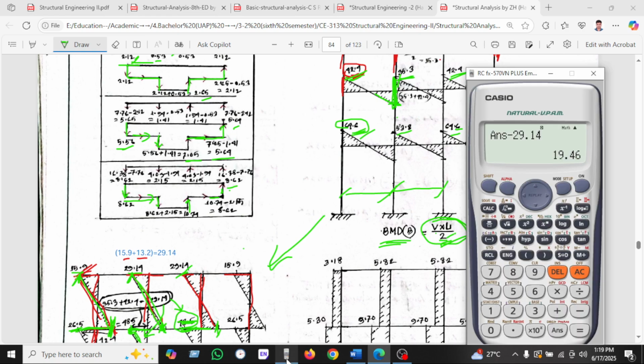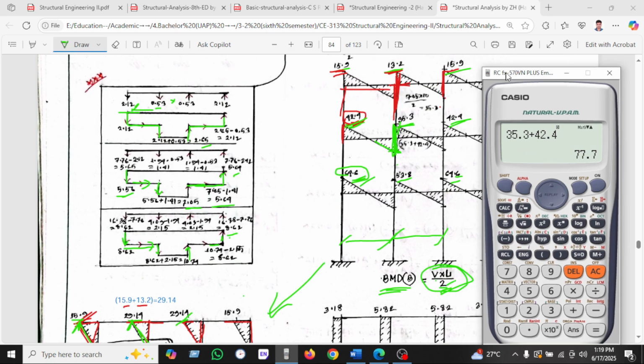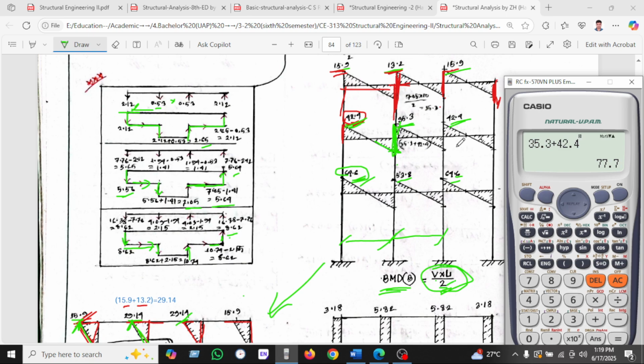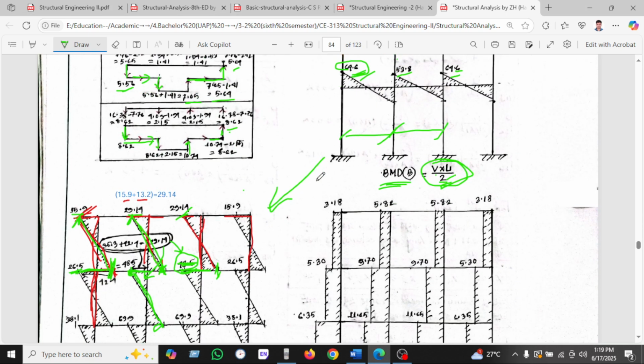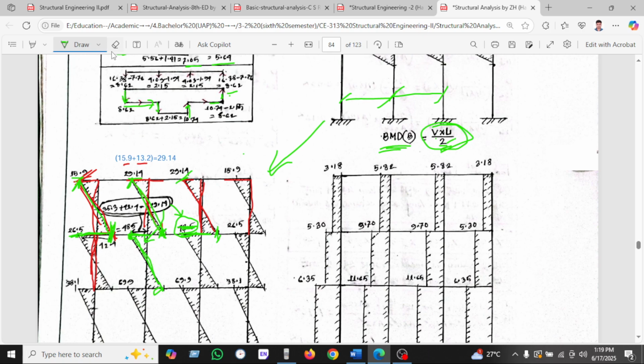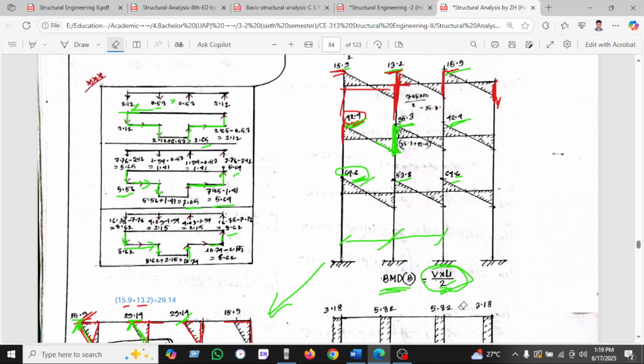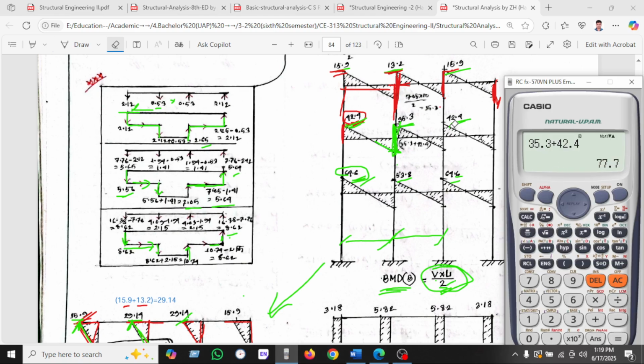Total we have been calculating here. Sorry, these are not 35. Maybe this is right, I'm just doing a reverse check. This is the 42. So we have been taking the first 42 here.